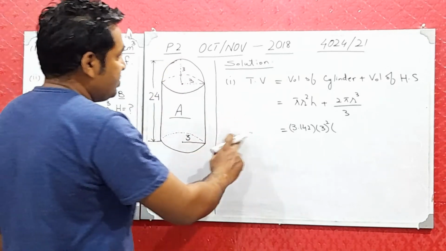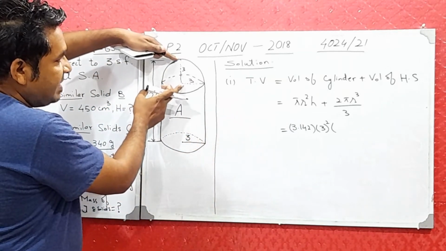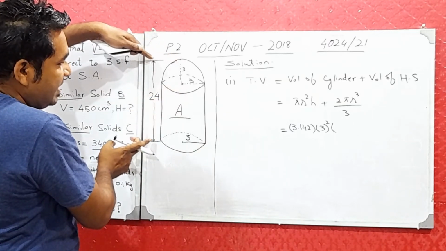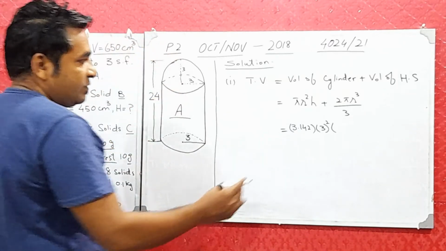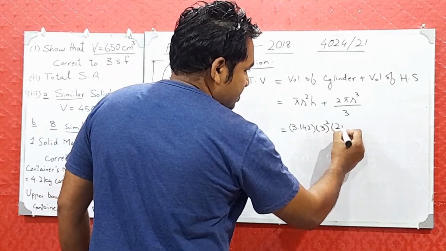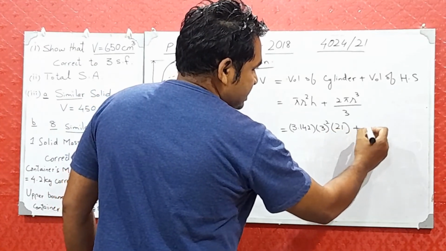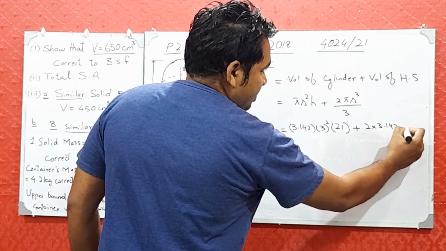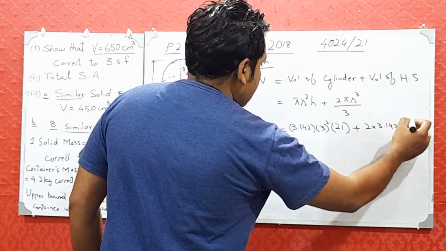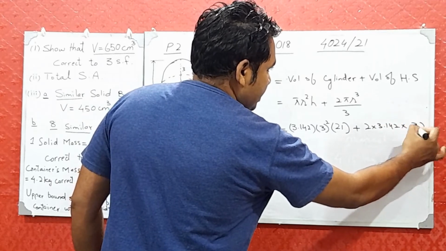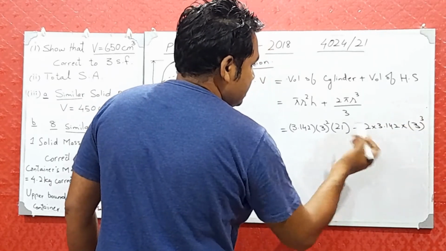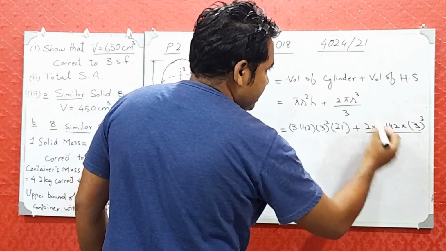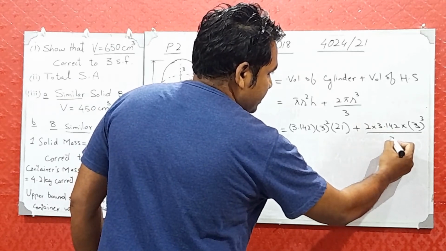So you have to subtract this height from 24, and when you subtract 3 from 24 you will get 21. So here you are supposed to substitute 21, plus 2 times 3.142 times r, which is again 3 because the hemisphere's radius and the cylinder's radius are the same, divided by 3.